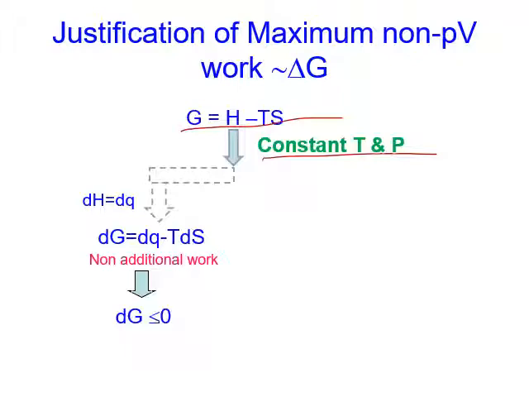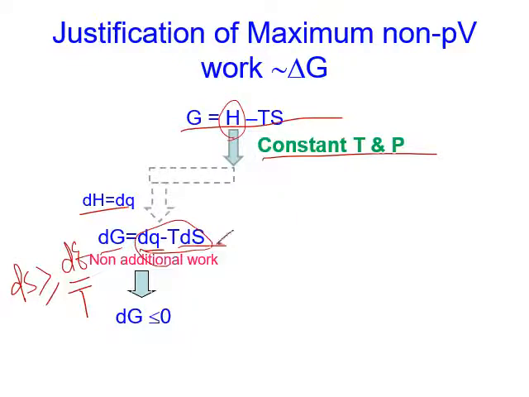Under constant pressure, delta H equals heat, and therefore delta G equals dQ minus TdS. According to the Clausius inequality, dS is always greater than or equal to dQ over T, and so dQ minus TdS must be less than or equal to 0. That is the familiar criterion we already know: delta G must be less than 0 under constant temperature and pressure. And this is when there's no non-PV work.